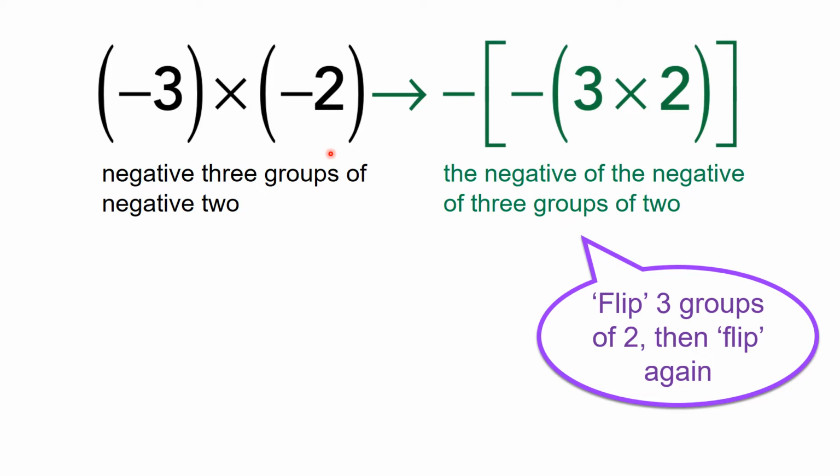We're going to flip the 3 groups of 2 and then flip again, because we have 2 negatives, and a negative in this case indicates a flip. So there's my 3 groups of 2. We flip the 3 groups of 2 so it becomes negative, and we have to flip it a second time so it returns to being a +6.